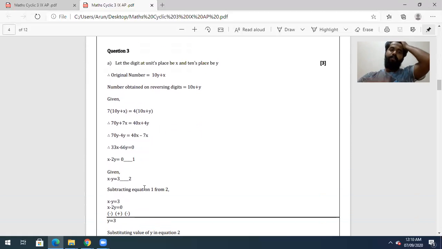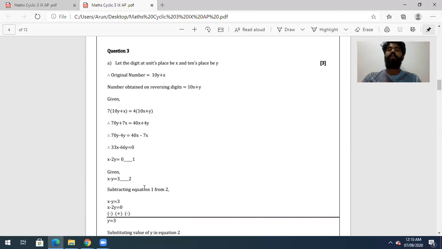Moving on, question 3a. The question states: 7 times a 2-digit number is equal to 4 times the number obtained on reversing the order of digits. So let the digit at units place be x and tens place be y. So the original number becomes 10 into y plus x, which is 10y plus x.